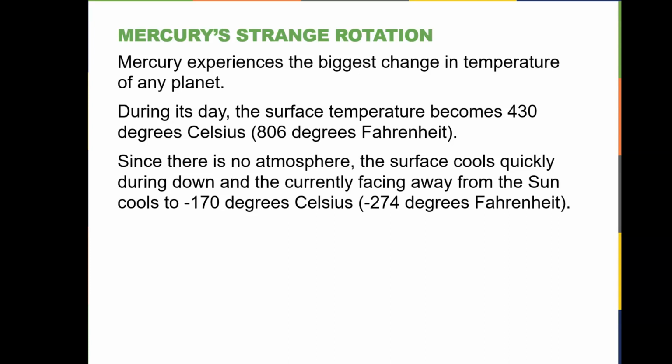During its day, the surface temperature becomes 430 degrees Celsius, or a whopping 806 degrees Fahrenheit. Since there is no atmosphere, the surface cools very quickly during dawn, and the side currently facing away from the Sun cools to a negative 170 degrees Celsius, or negative 275 degrees Fahrenheit.